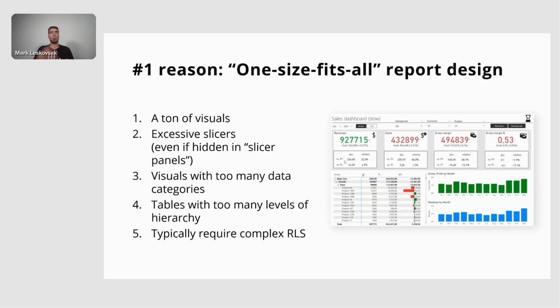And then we find ourselves with all these problems: tons of visuals, excessive slicers, and even if the slicer panels are hidden, you are basically just leveraging that real estate of the report instead of showing the insights. And we are visualizing way too many data categories per page, and it's just visual overload in terms of grabbing the attention, but also in terms of performance.